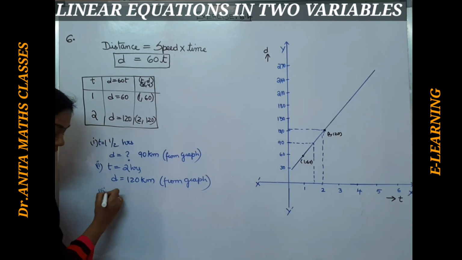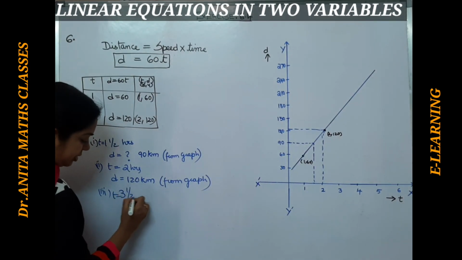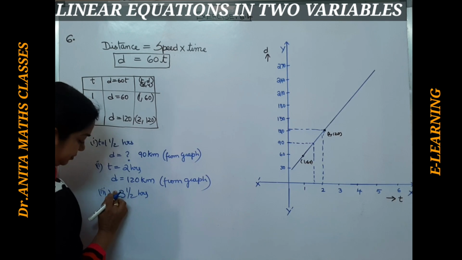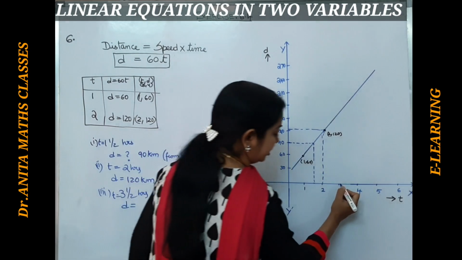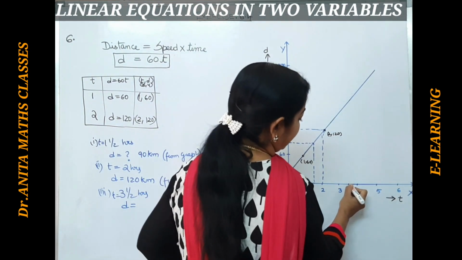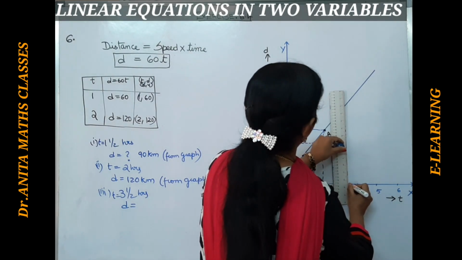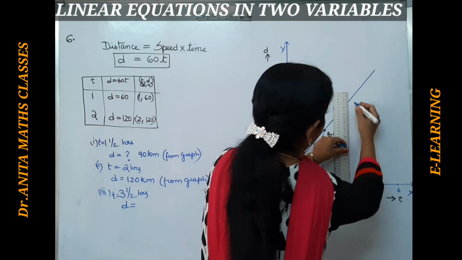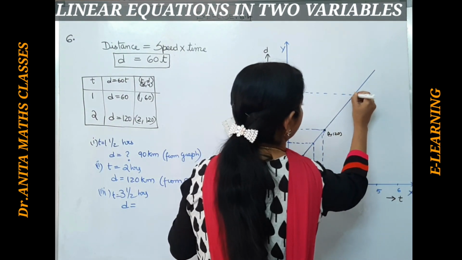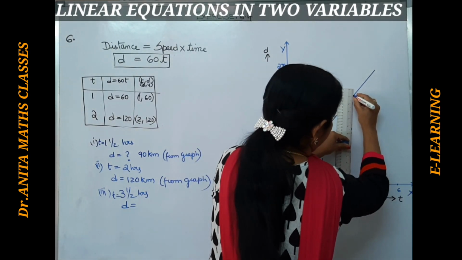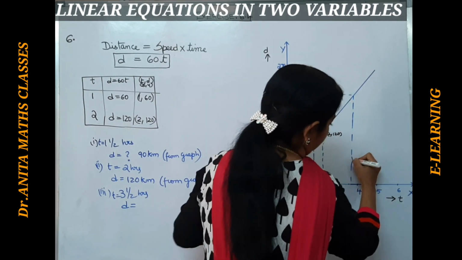And the third one is 3.5 hours. So the t value is 3.5 hours, and we have to find the distance. 3.5 hours comes in between 3 and 4. So from here if you draw a line, it will touch our graph.